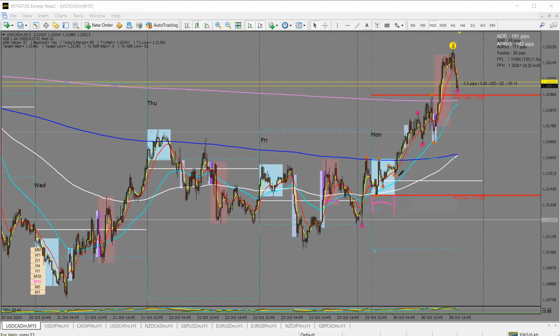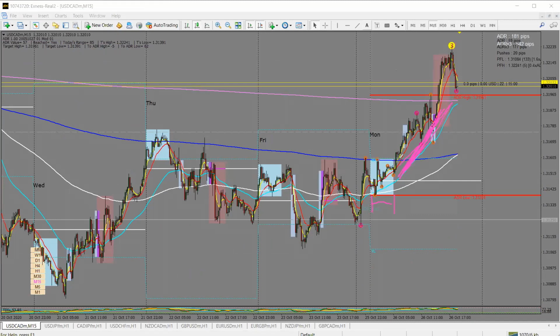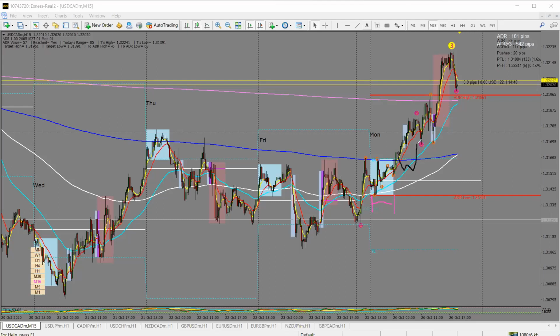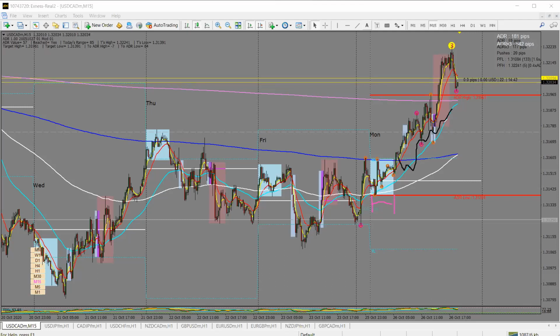That is what we call a type 3 now. It's only that this didn't form a setup the way we would have anticipated, maybe to say it's going to come here and drop a setup like this and then go up. It didn't do that, but basically that's more like a type 3 of a setup whereby we respect the low of the Asian.